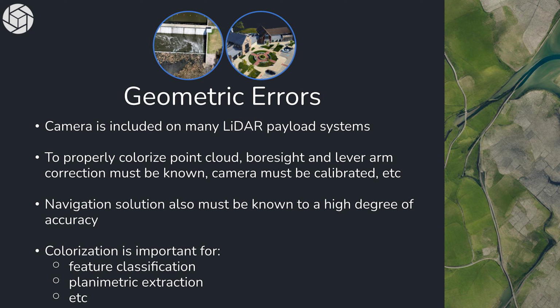So once we snap those data sets together, the next thing we have to address is geometric errors, okay? So, what does this look like in the wild, right? A lot of times these cameras are included with these LiDAR payloads, but to colorize them correctly, like I said, the camera must be calibrated, the boresight alignment must be known, and you have to have very good direct georeferencing, which we don't have access to.